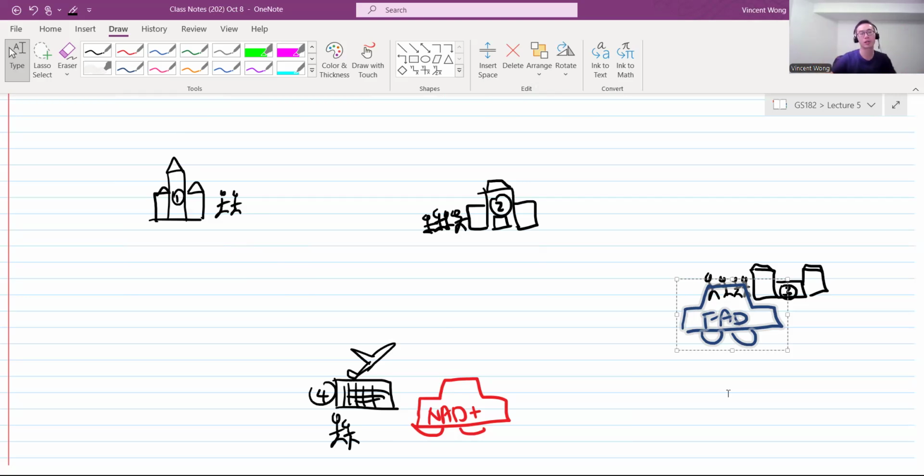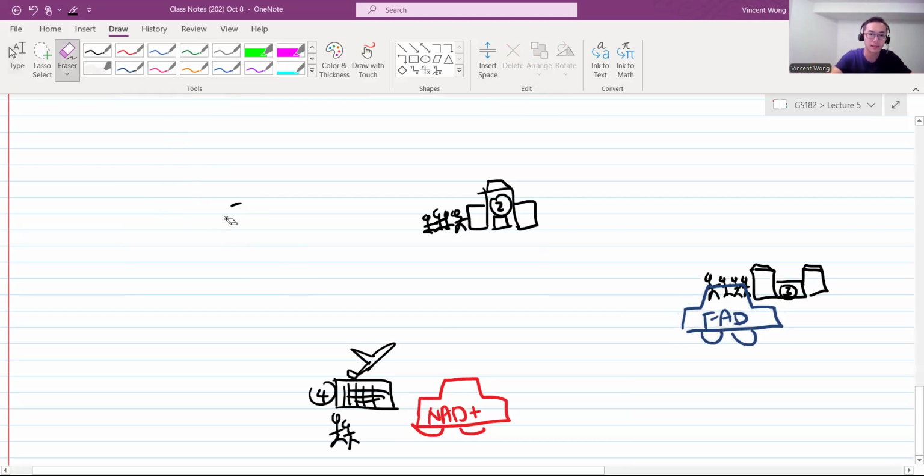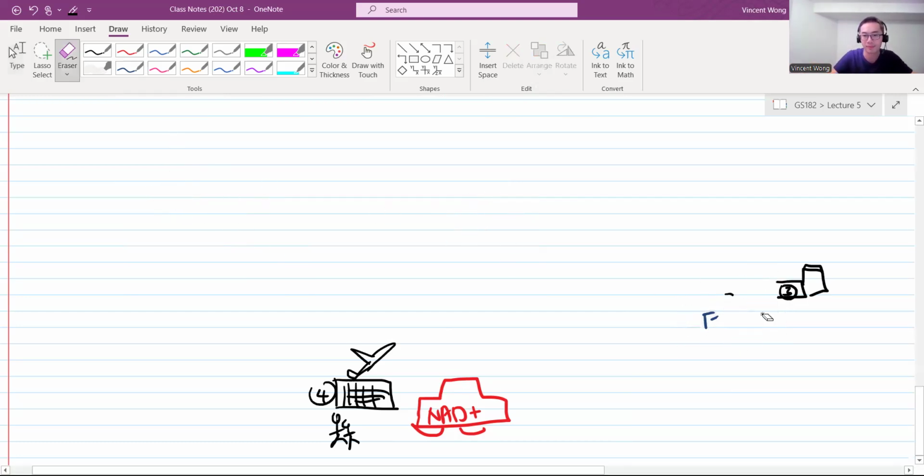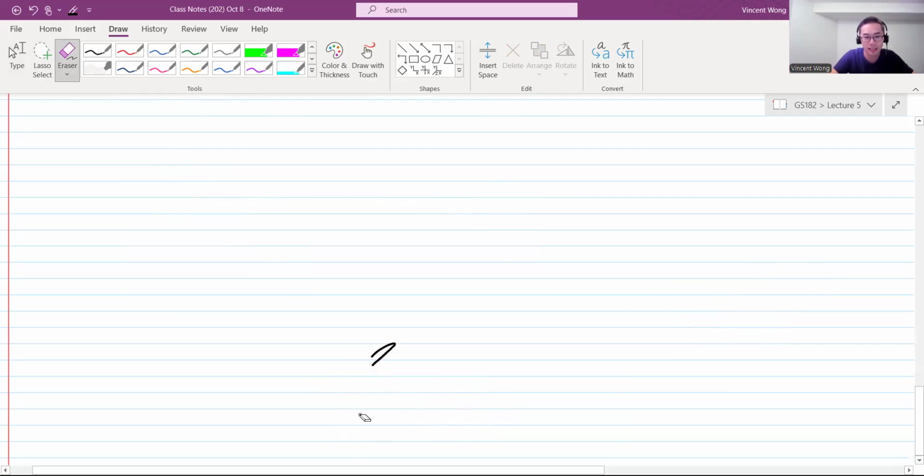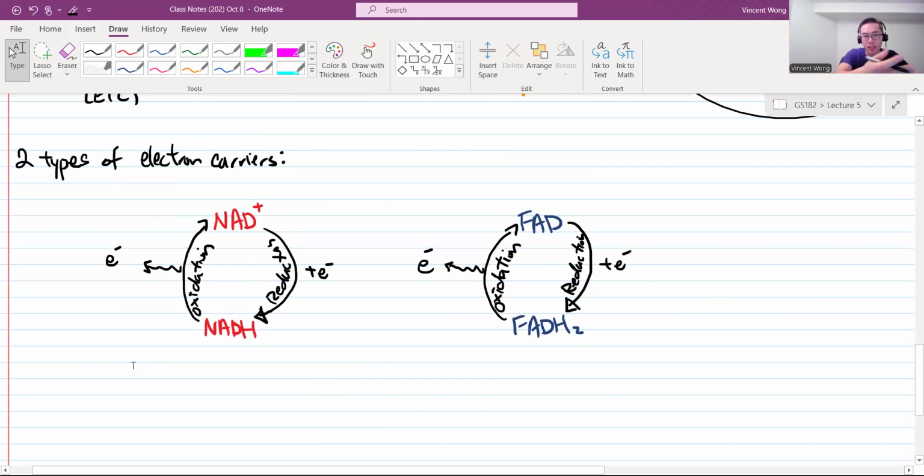They take the electrons that are released from stage one, stage two, and stage three to the ETC, and then at the ETC, at stage four, that's where you're going to harness the energy from the electrons to make a ton of ATP. 36 to be precise. So that's that. Again, you don't need to draw this. It's just an analogy, hoping it helps you understand better. But two types of energy carrier.